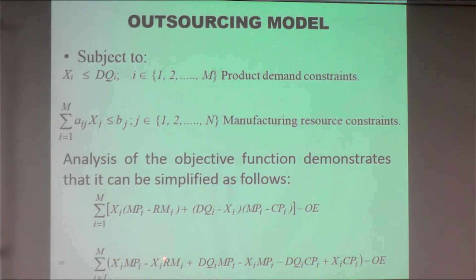You take it common, because this is cancelled now. Xi MPI cancel. Where else is the xi term? Here another xi term is there, because xi is the variable. If I take xi common, what remains? CPI minus RMI. Then if I take DQI common, MPI minus CPI.